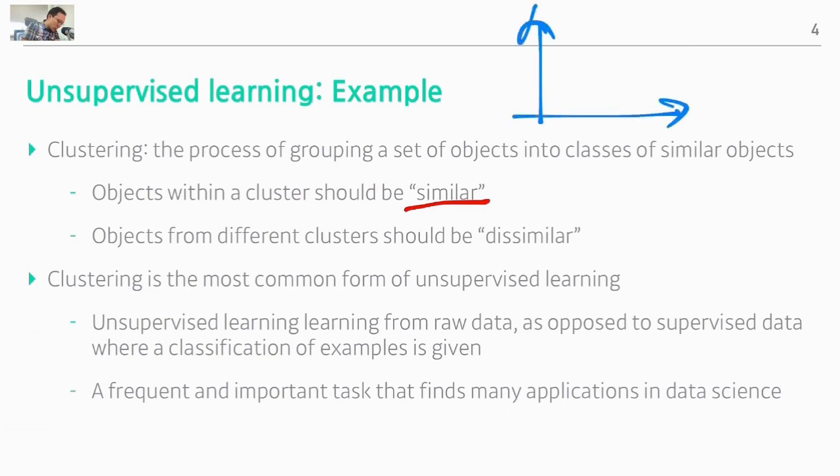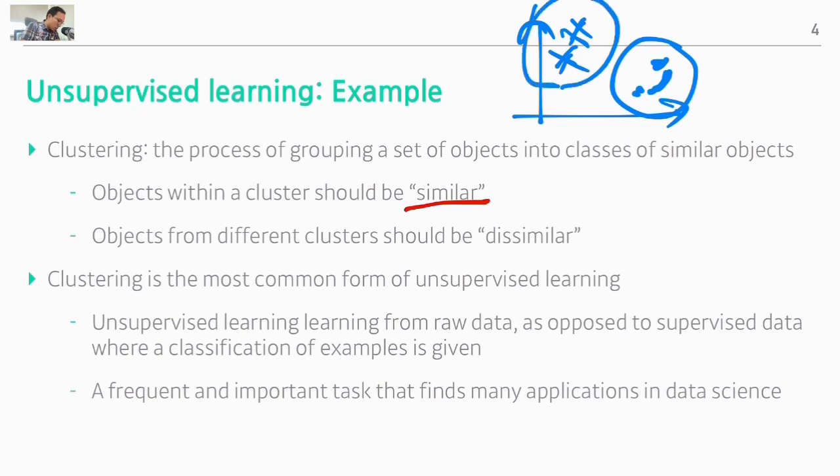Which means in this 2-dimensional space, the data are placed here. When the similarity is based on the distance in the space, we put these 2 points in the same cluster. Obviously, this point is far from this point, right? So they are not assigned to the same cluster.